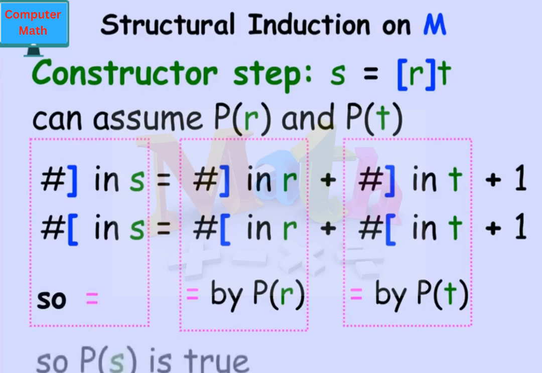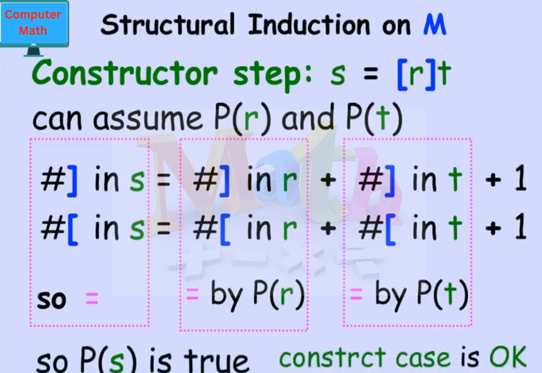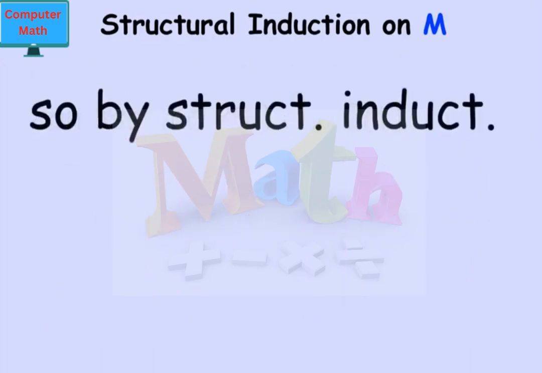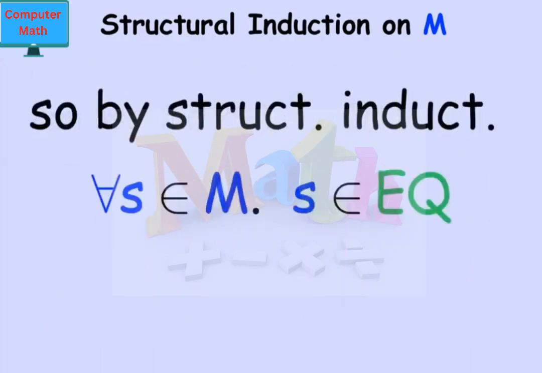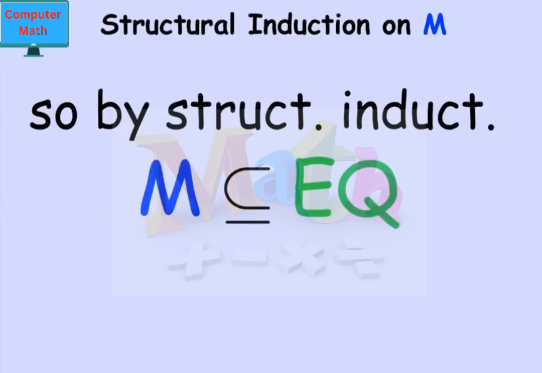We've just proved that the number of right brackets in S and the number of left brackets in S are the same. So P of S is true. The constructor case is covered. And we can conclude by structural induction that every S in the set M, the recursively defined set of strings of matched brackets, has an equal number of left and right brackets, which means that M is a subset of EQ as claimed.